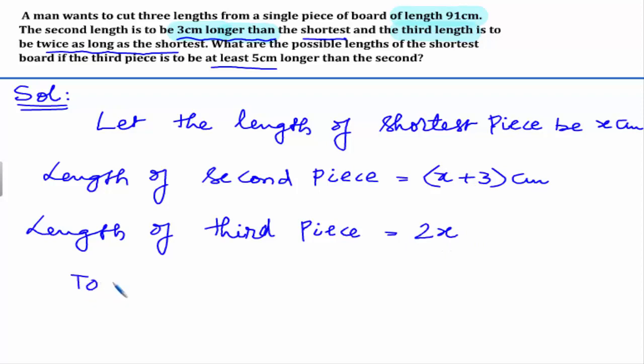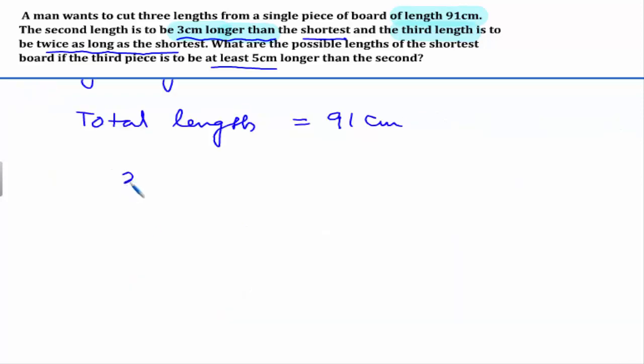Now the total length is 91 centimeters. Therefore the sum of these 3 lengths should be less than or equal to 91. That is x plus x plus 3 plus 2x should be less than or equal to 91.